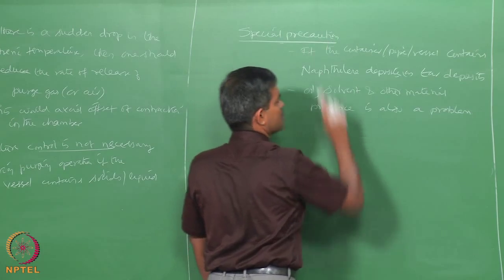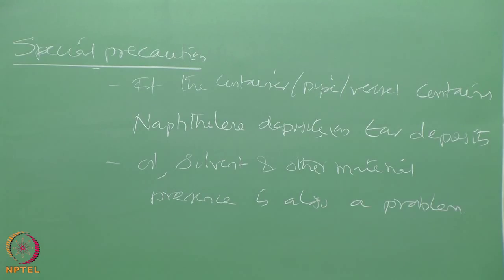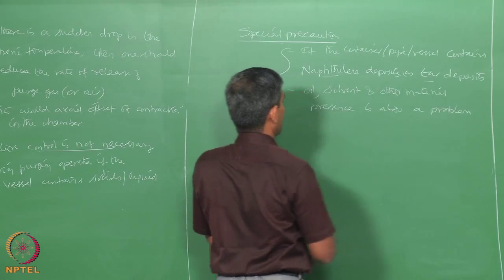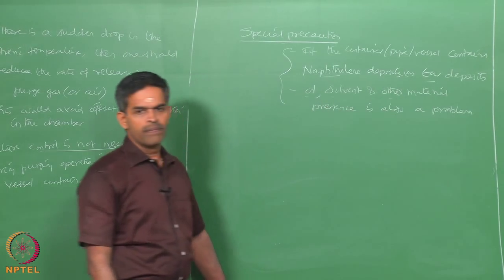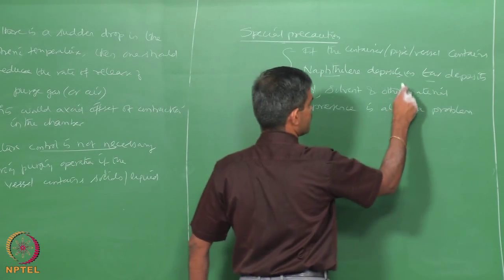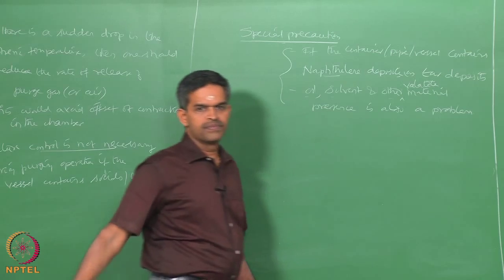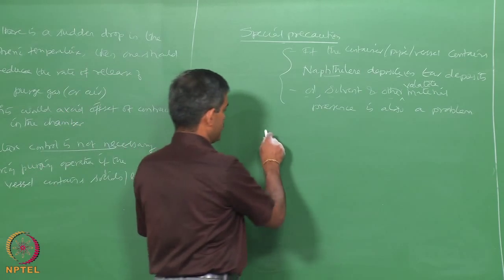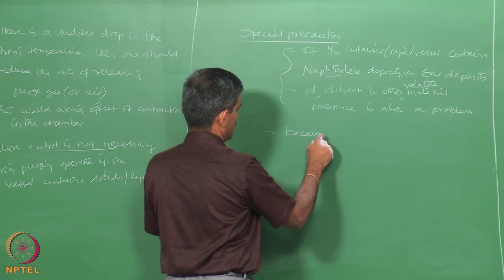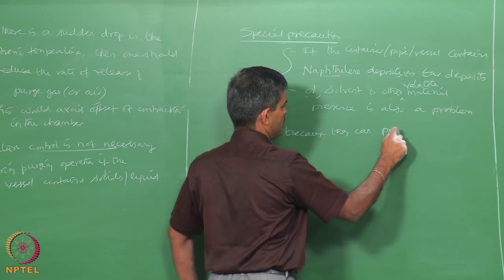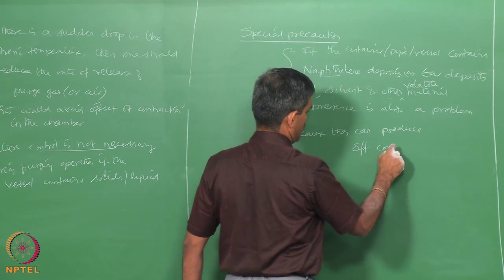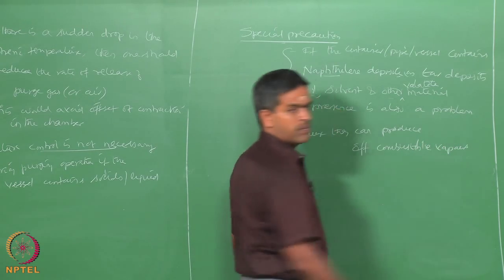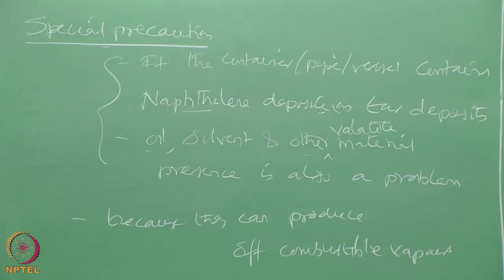So, one should take special precautions when purging a vessel or a pipe containing these kinds of hazardous chemicals like naphthalene deposits, tar deposits, oil, solvent and other volatile material, because they can give off combustible vapors even under a marginal increase in temperature.